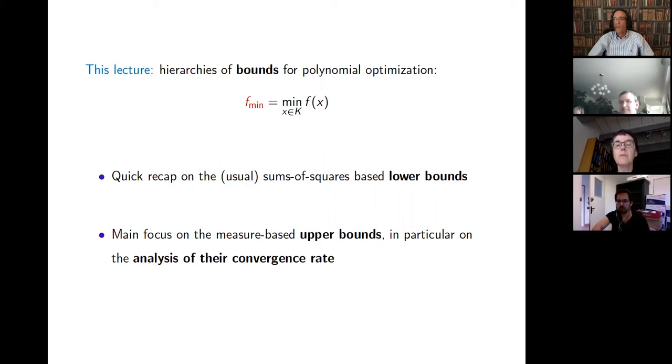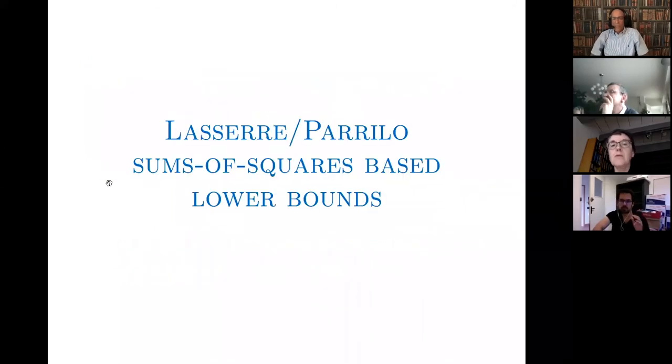And the rest of the talk will be to try to give some information on the convergence analysis of the bounds.